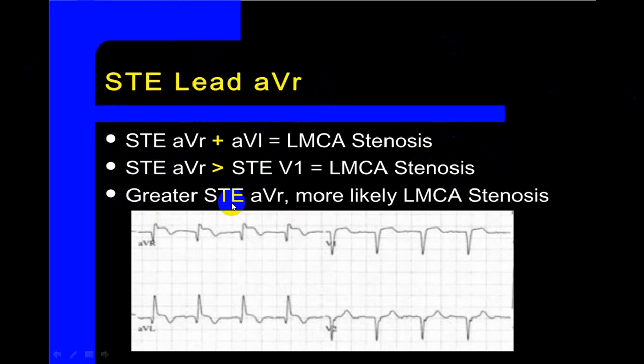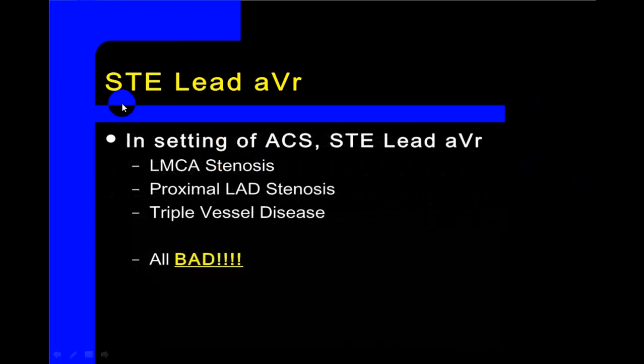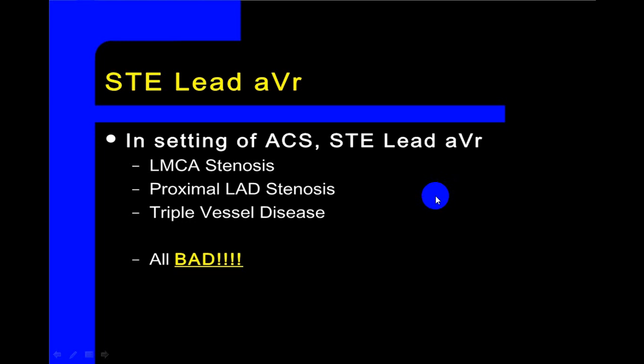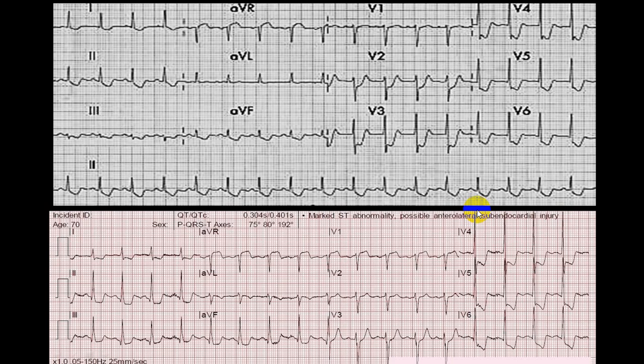And if ST elevation in AVR is greater than in V1, it is more likely to be LMCA occlusion, or we call stenosis. So ST elevation in AVR is very, very useful. It is always considered LMCA, proximal LAD or triple vessel disease. All these three conditions are bad because that will result in anterior wall infarct. And whenever there is an anterior wall infarct, it is more dangerous because it results in LV dysfunction.